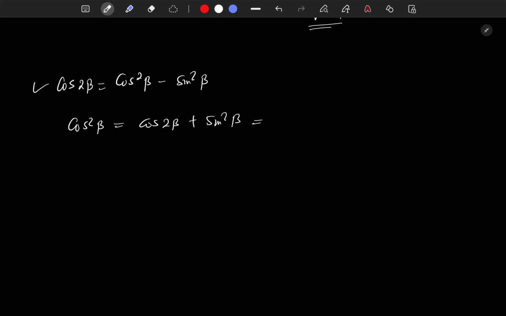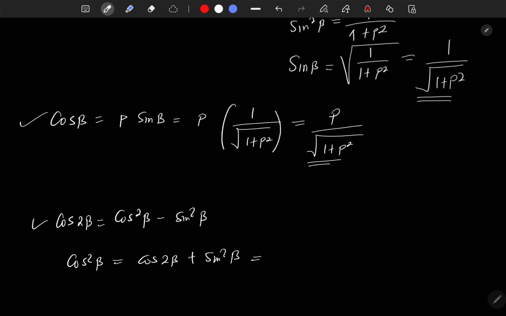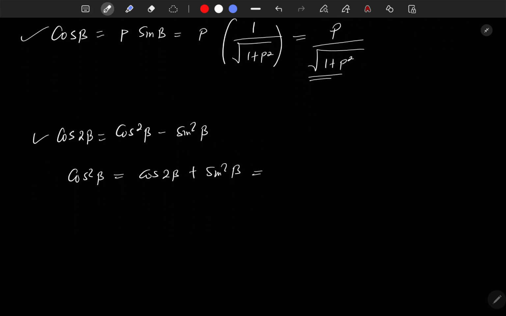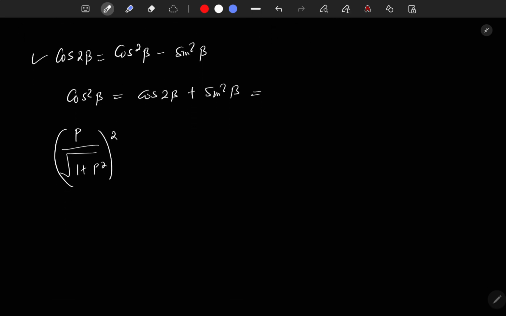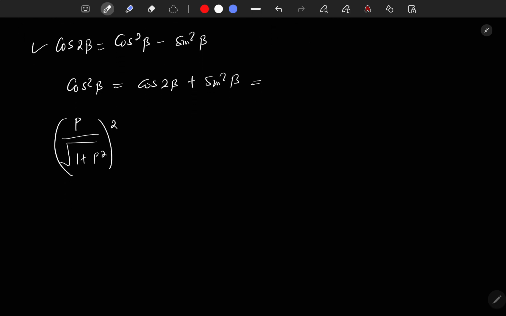Okay, I know what this side is, right? Because I know what cos beta is. It's P over the square root of 1 plus P squared, squared. Therefore, this part I know. Let me erase this part, by the way.